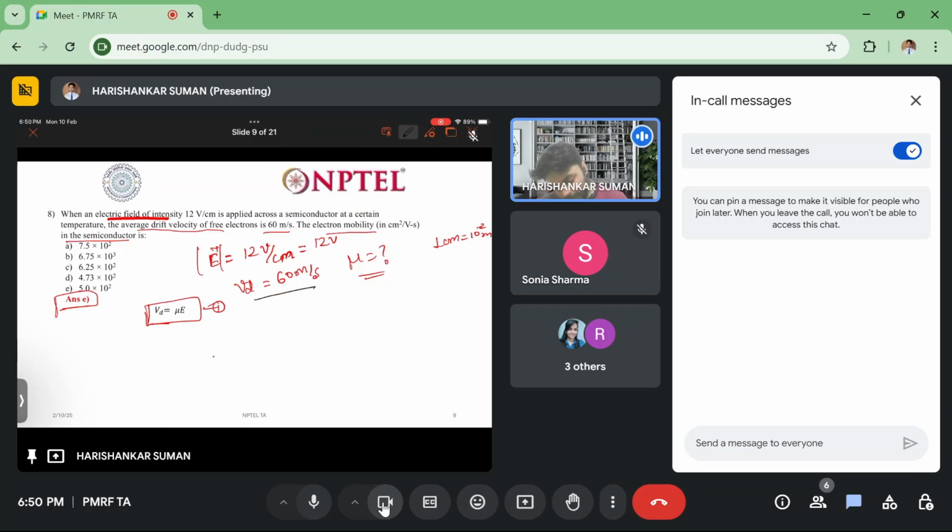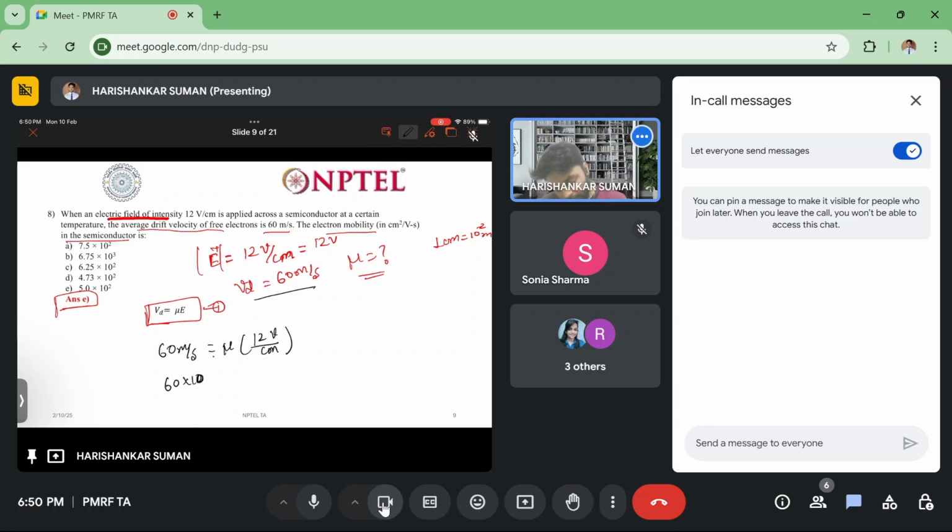VD is 60 meter per second. We have to find mu, and E is also given, but here it is meter per second, so you have to convert meter into centimeter.